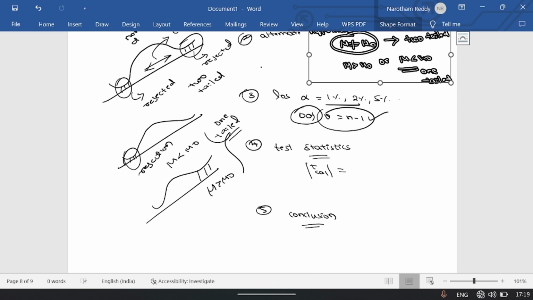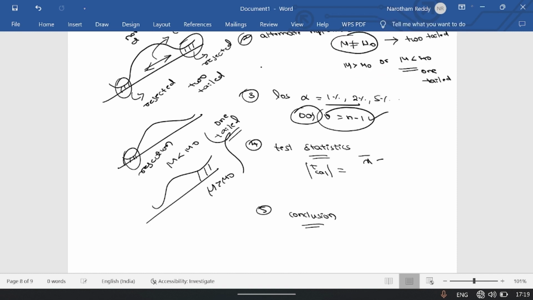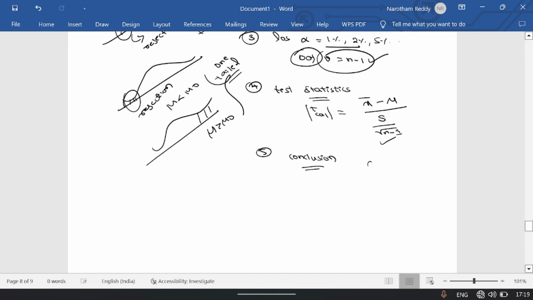T calculated value is x bar minus mu divided by s over square root of n minus 1. Here, x bar equals the mean of the sample, mu equals the mean of the population, s equals standard deviation, n equals number of samples.